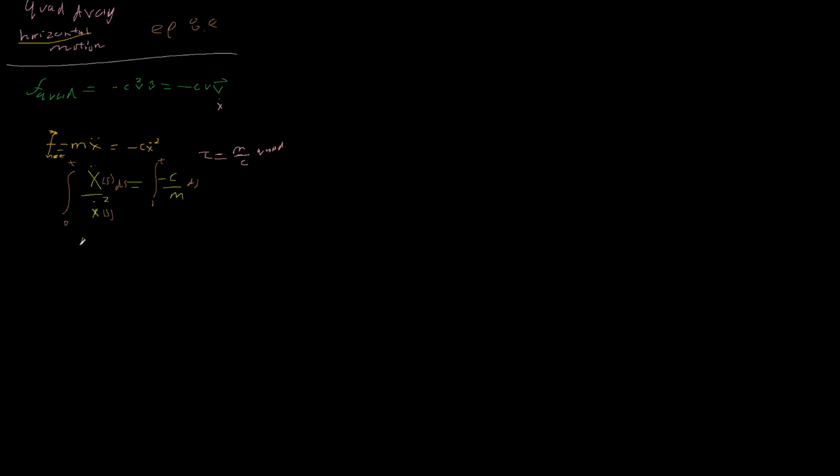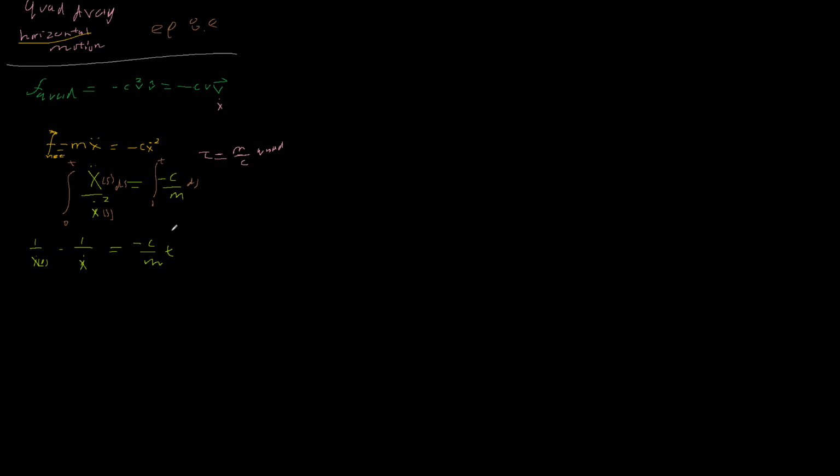We're going to get 1 over x dot, minus 1 over x dot at 0, which is going to be equal to minus c over m times time, right?